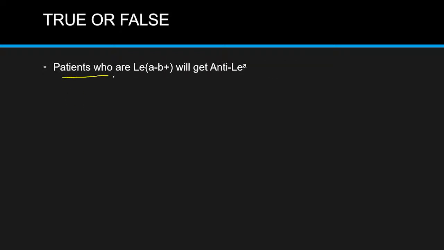Patients who are anti-LEA negative, B positive will get anti-LEA. True or false? You have choices. Guys, answer. Look at the genetics. Look at the phenotypes rather.